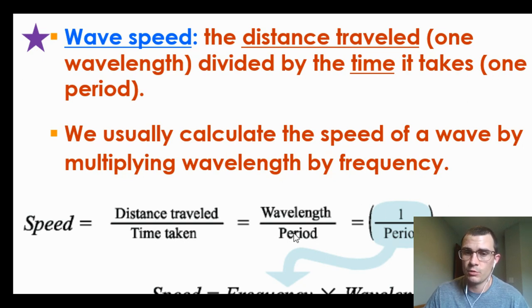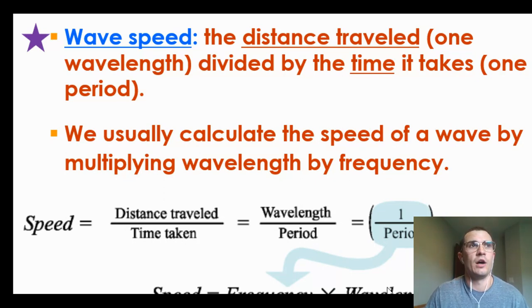So I could rearrange this equation of wavelength divided by period. That's the same as 1 over the period times the wavelength. And I can substitute that 1 over the period for frequency. So this here is the equation we will use: wave speed is going to equal frequency times wavelength.